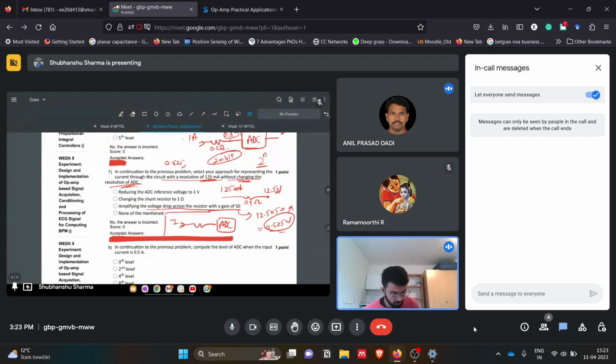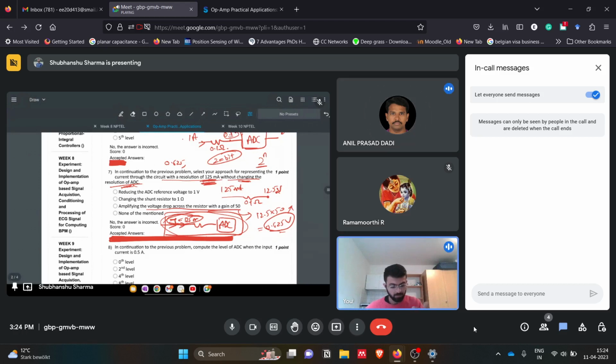This is also a system, no? Here we are giving some current. They are saying, for this system, how much minimum value of current can we give? That is the resolution, the minimum value of current. Here, 125 milliamperes is the minimum value of current which we can give to this system.